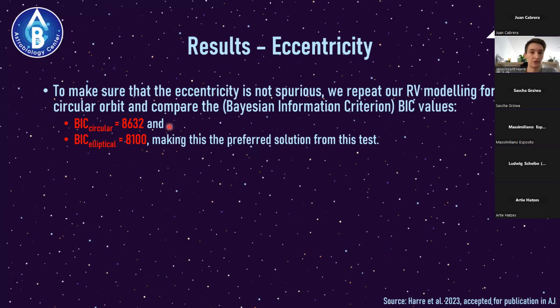So for the circular orbit, we get a BIC value of 8,600, and for the elliptical fit, we get a BIC value of 8,100. And so the lower value indicates a better fit, making the latter our preferred solution from just this test.